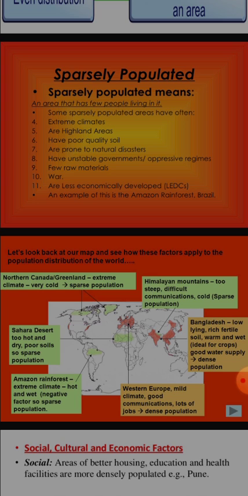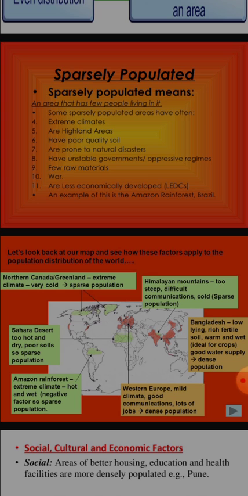Now come to Western Europe. You can see the mark clearly in reddish color shade. Mild climate, good communication, lots of job opportunity, therefore there is dense population. So Western Europe has more population.